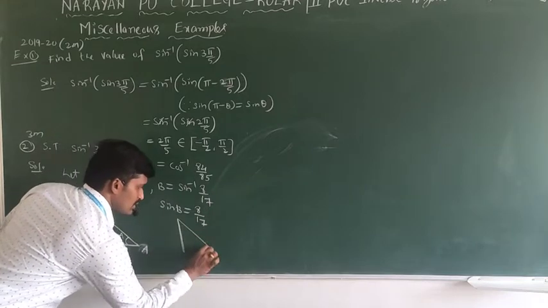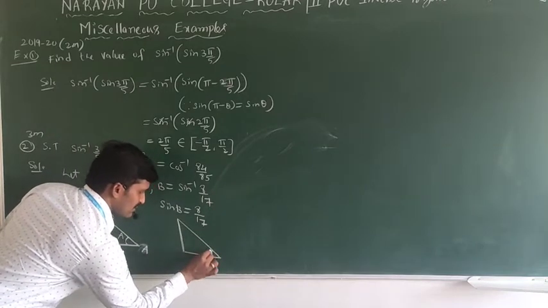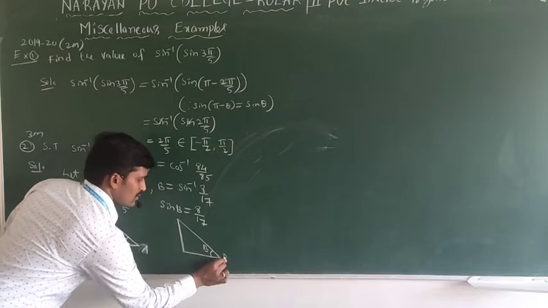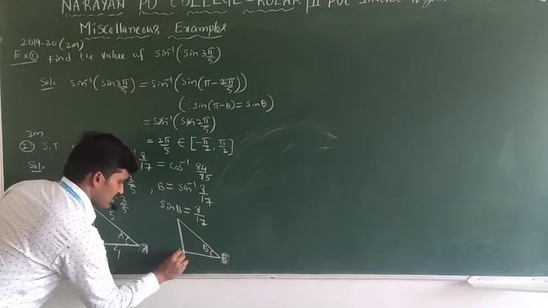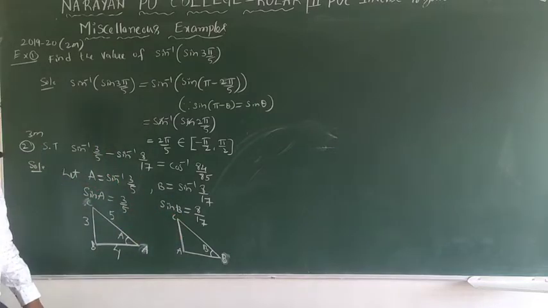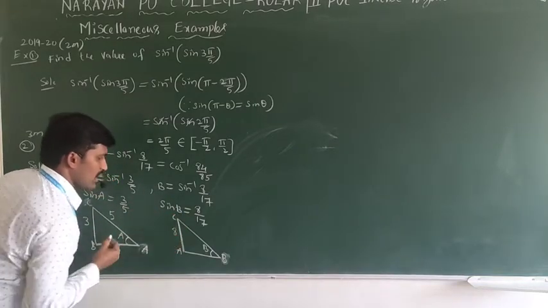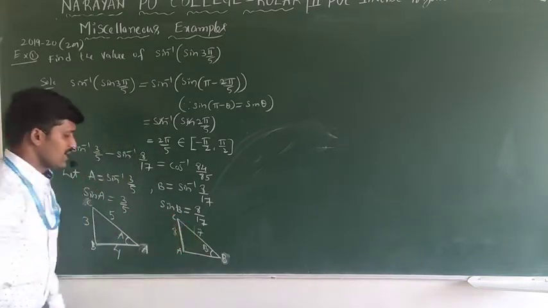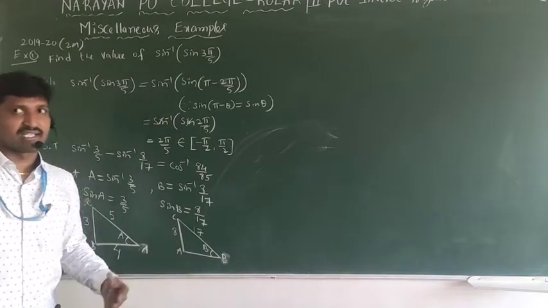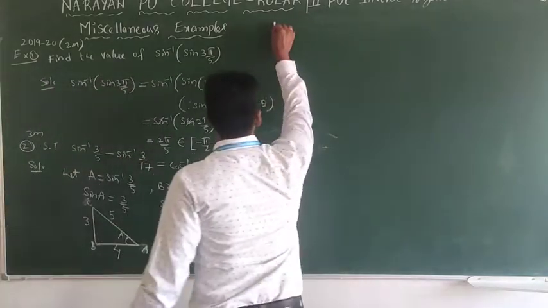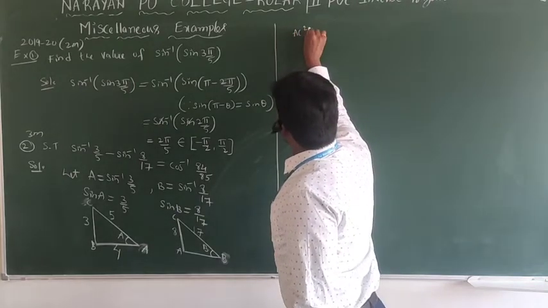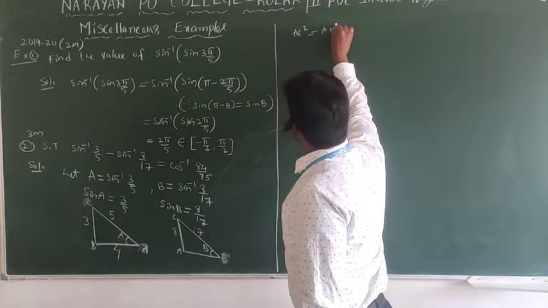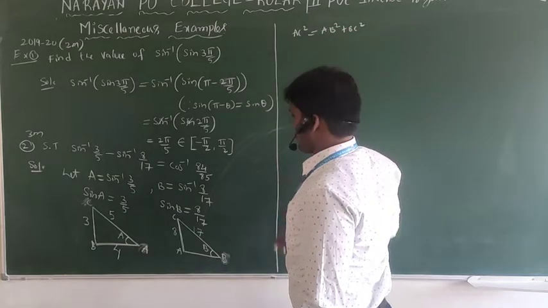Coming to angle B, a different technique, no problem, values wise. Now again sin is what here? Opposite by hypotenuse. If you don't know this AB length, the adjacent length, we can find it generally also. How to find AB length? AC square equals AB square plus BC square.